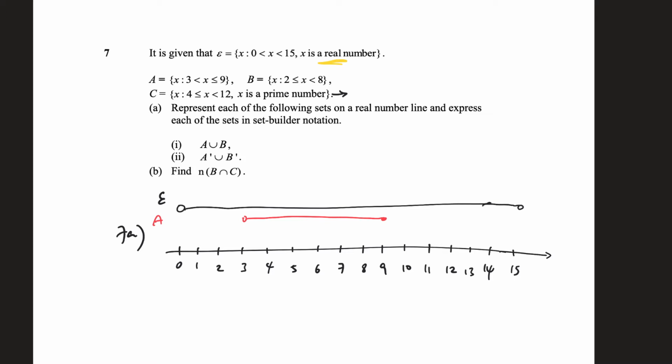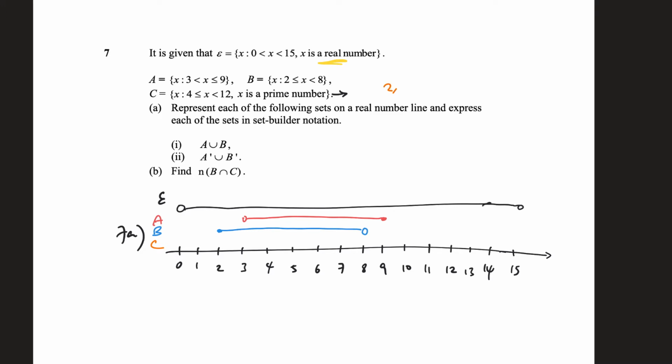And then B includes 2, but we don't include 8. And C is kind of a special one because x is a prime number, so it's really like singular numbers. So what are the prime numbers in this range?